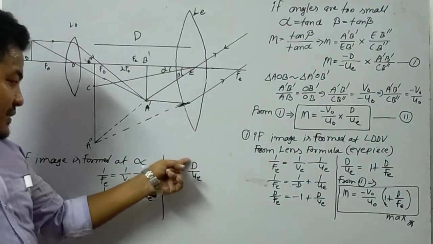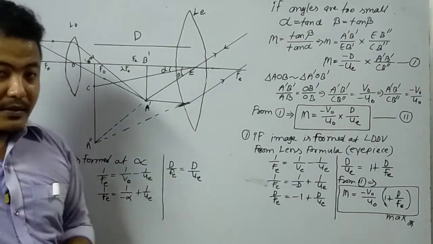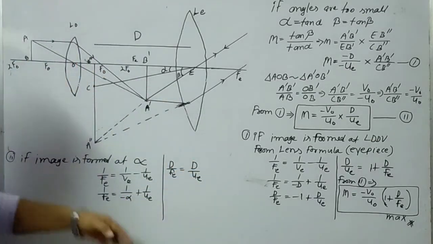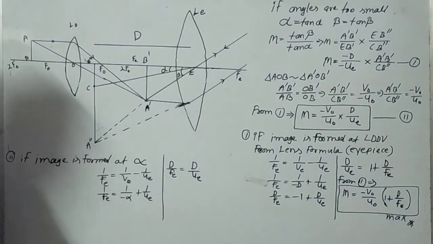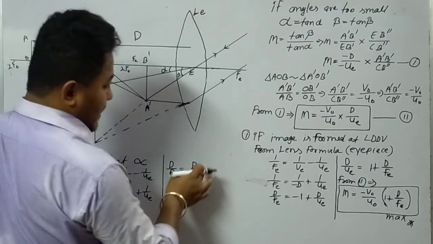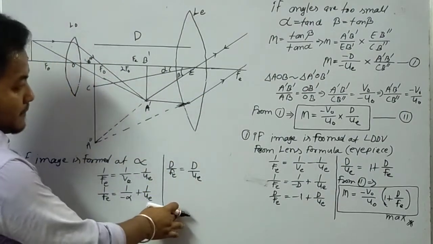So we have found d/ue is equal to d/Fe when the image is formed at infinity. Now I put this value of d/ue here.